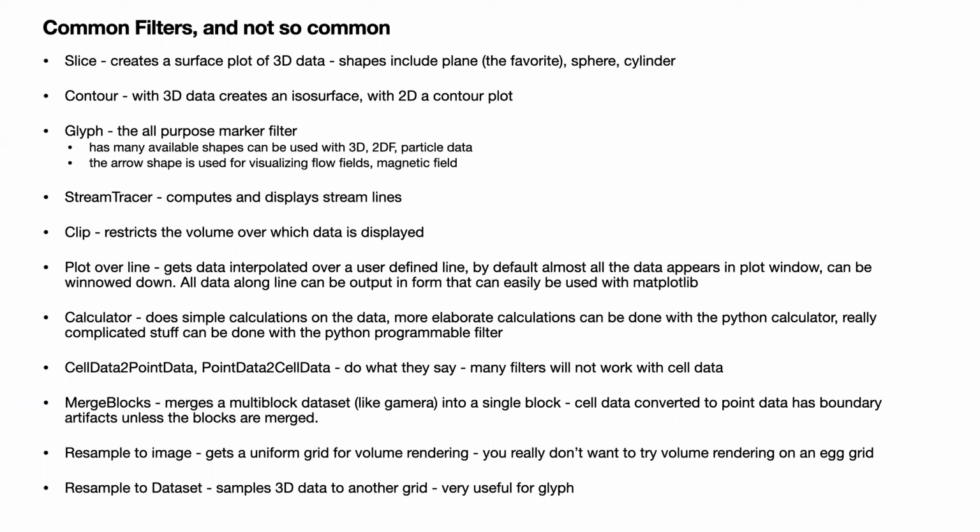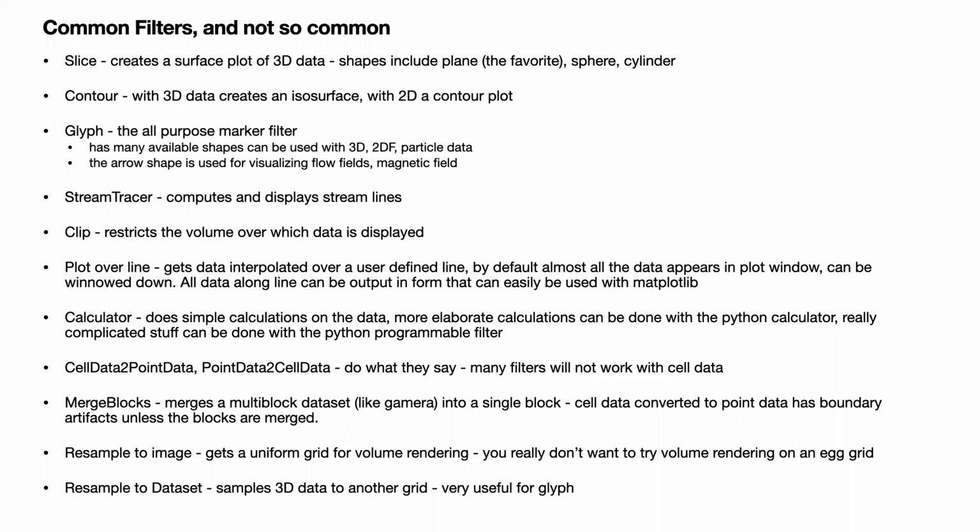There are a bunch of filters, and you'll probably see, I think, pretty much all of these during the talk. Slice, as we saw, just creates a surface plot of 3D data. It doesn't have to be a plane, although that's everybody's favorite.